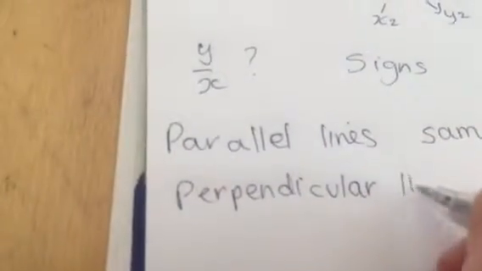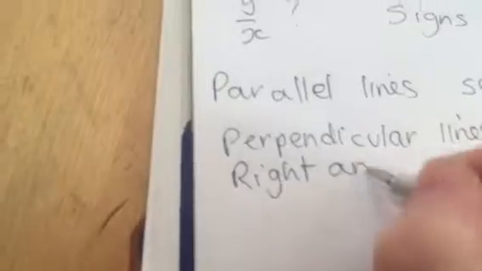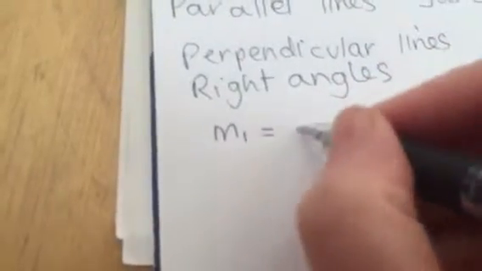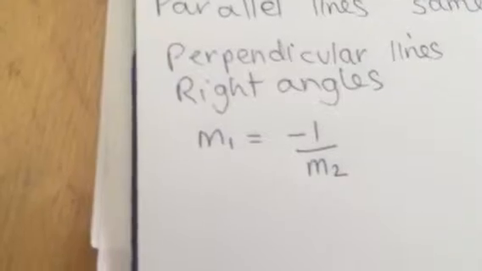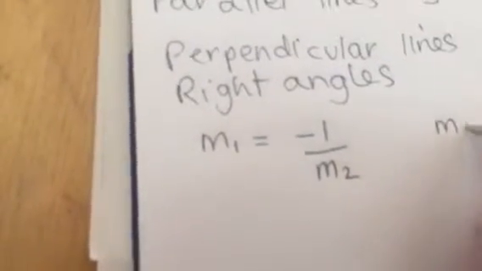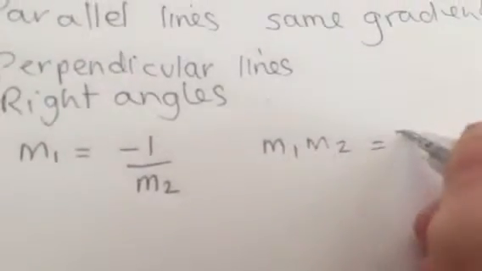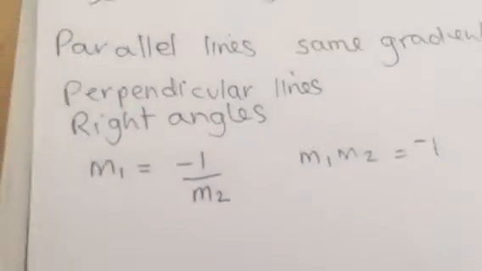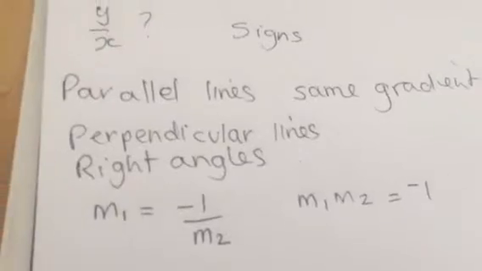When you're reading a question, the key phrases are either perpendicular, or the key phrase is 2 lines are at right angles. So if you see those phrases, perpendicular or right angles, remember that the gradients are the negative reciprocal. So m1 will be equal to negative 1 over m2, or you can also learn this, that m1 multiplied by m2 will give you minus 1. That's perpendicular lines at right angles.